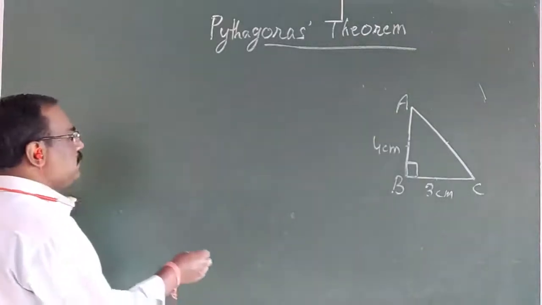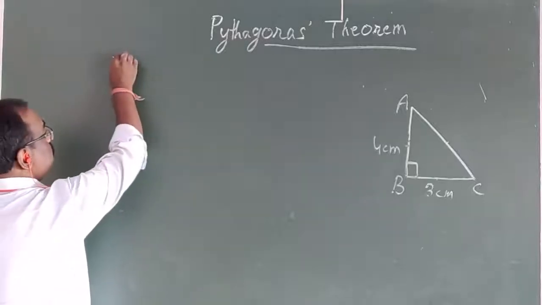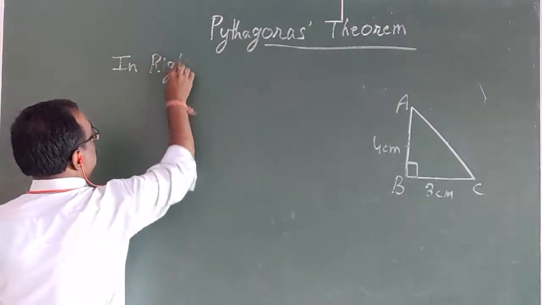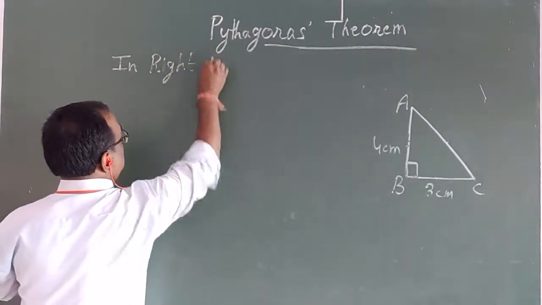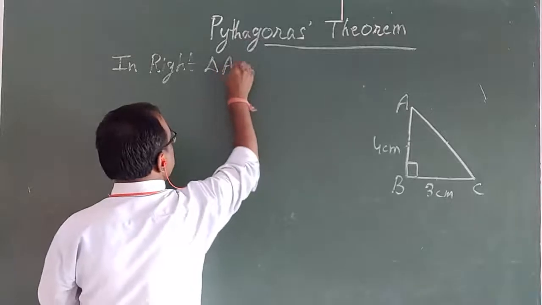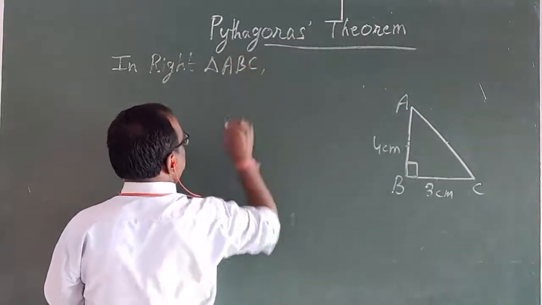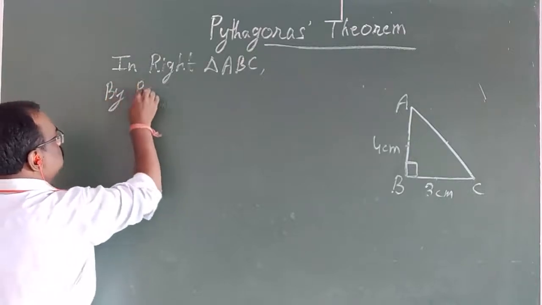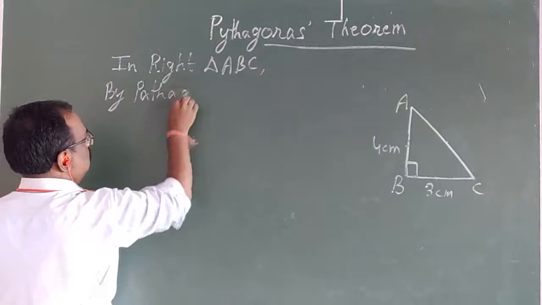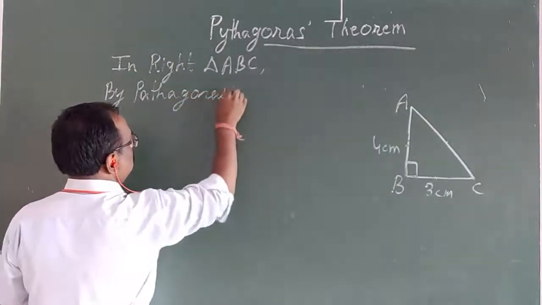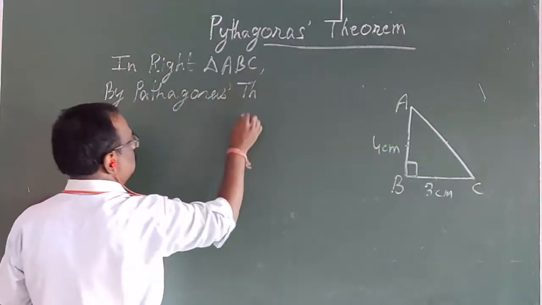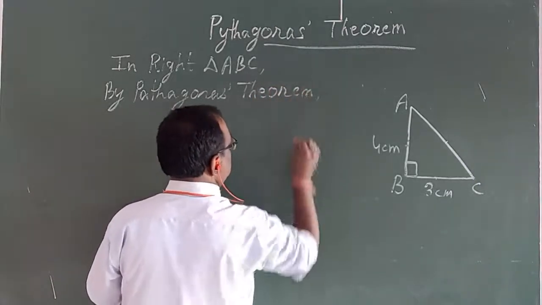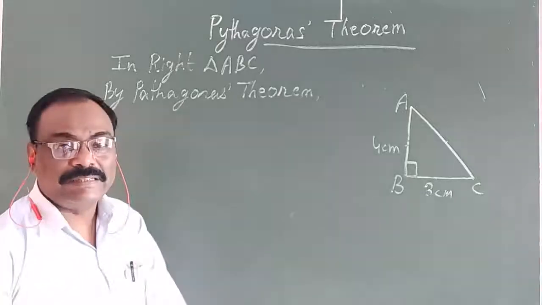First of all we will write, in right triangle ABC, by Pythagoras theorem. Now, which is the hypotenuse? AC.